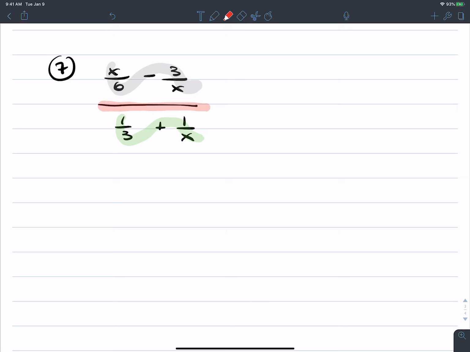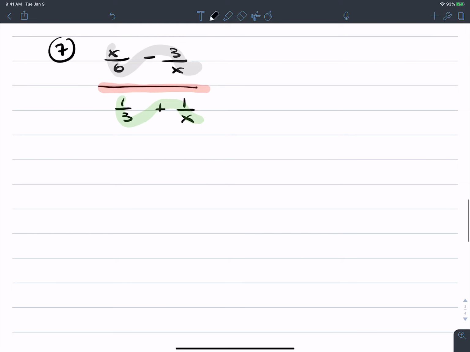Now this is somewhat review for us, or at least it should be for this course. So let's work on the numerator question, x over 6 minus 3 over x. Now there's a couple of ways to go about this kind of question.